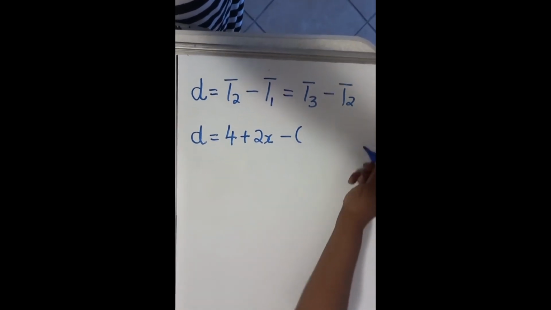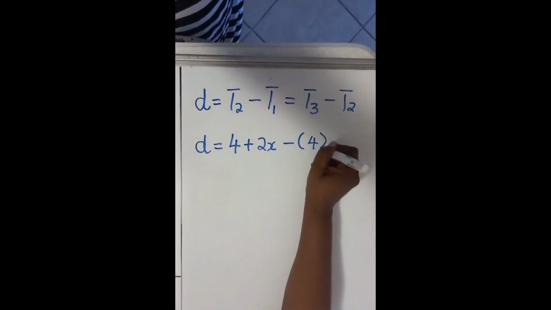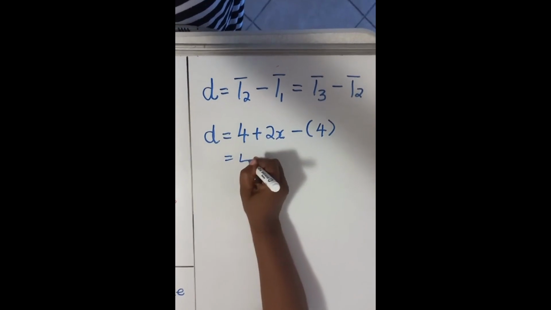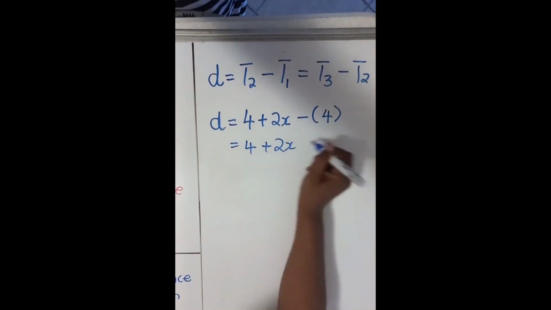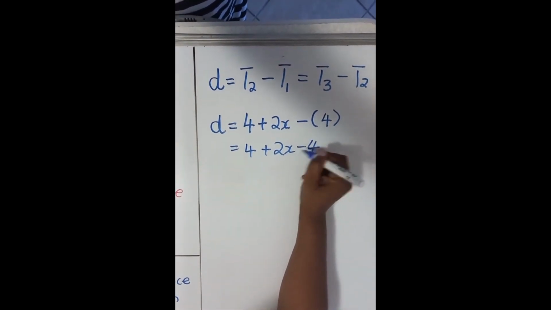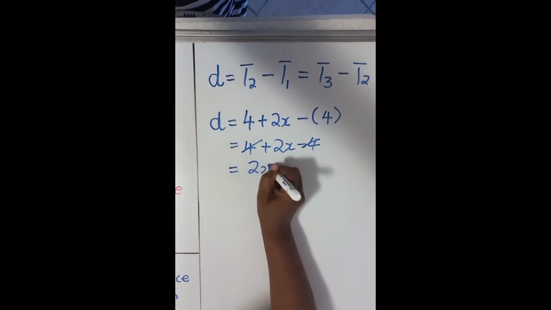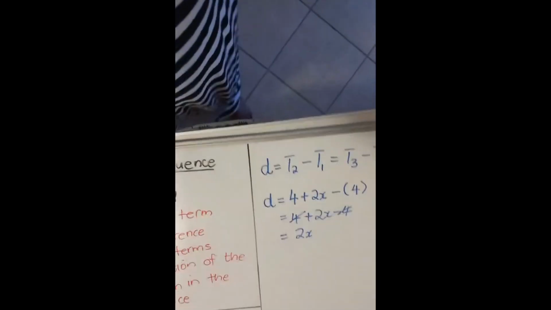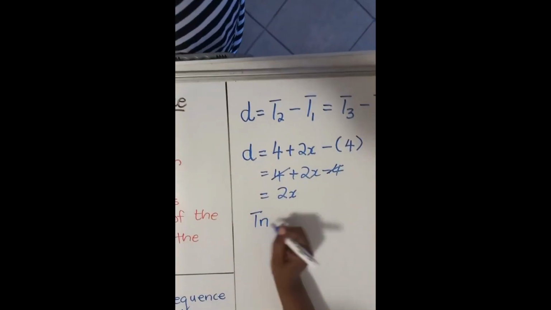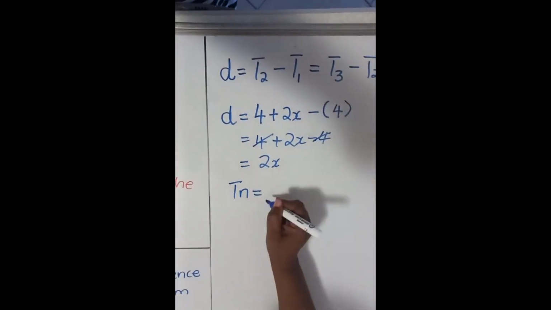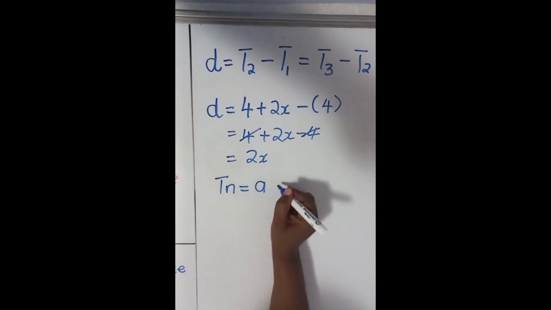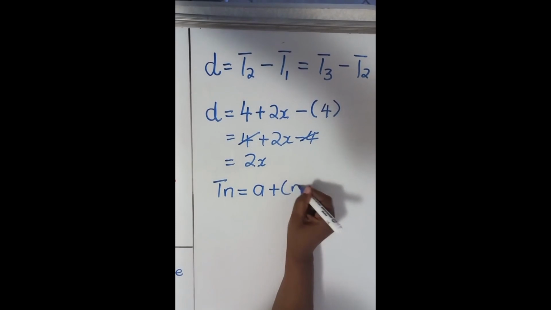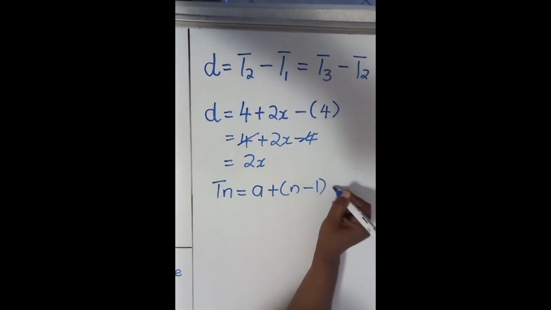But in this question, term 1 is just one term. So I have 4 plus 2x minus 4. Minus 4 plus 4, they'll cancel each other. So my d is 2x. Now, please always write this off from the formula sheet. Do not memorize it. You'll always have your formula sheet. Then write it straight from the formula sheet and don't make mistakes.